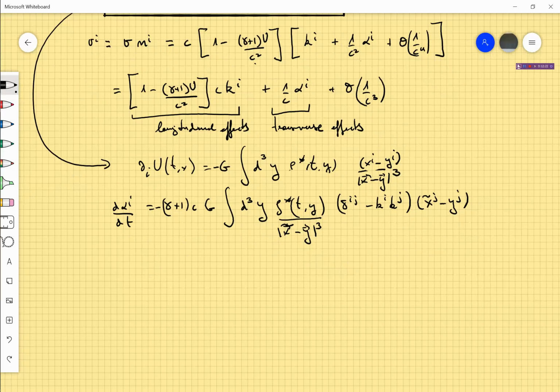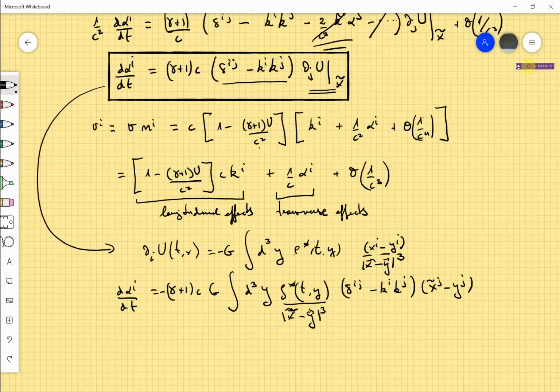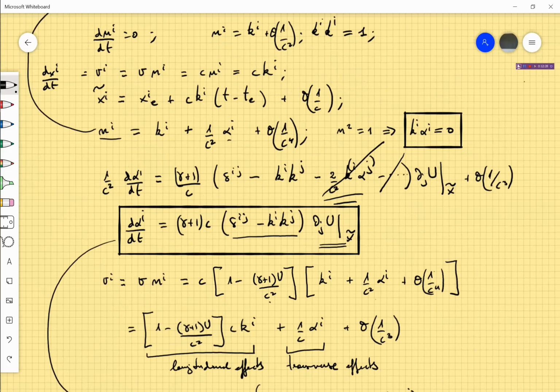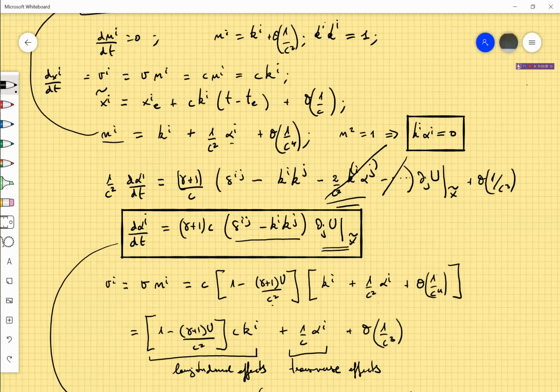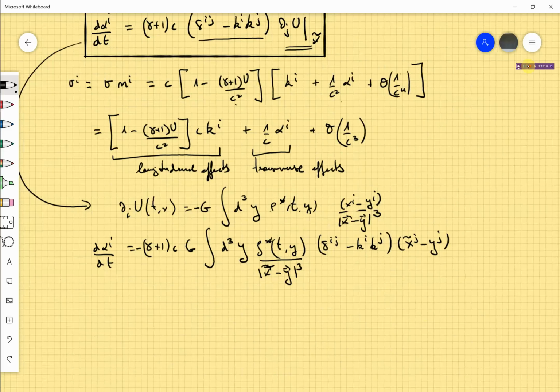Since x tilde is just x_i plus a term proportional to k_i, and this is the projector in the directions orthogonal to k_i, only the term x_j^E survives.